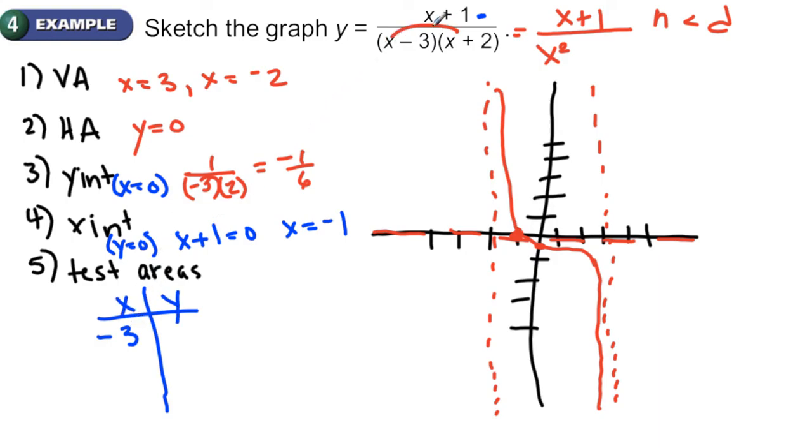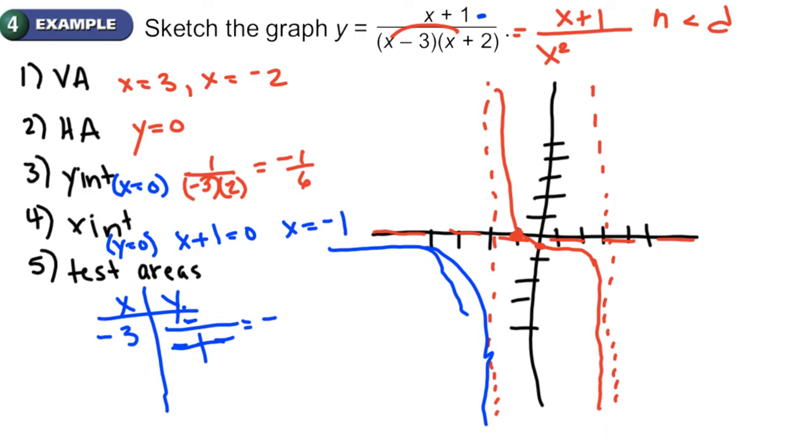Since this is -3, we have -3 plus 1, which is a negative. -3 minus 3 is a negative. -3 plus 2 is a negative. Negative times a negative makes that positive. So a negative over a positive makes that negative. That means when it's -3, your graph is going to be down here because it's negative.